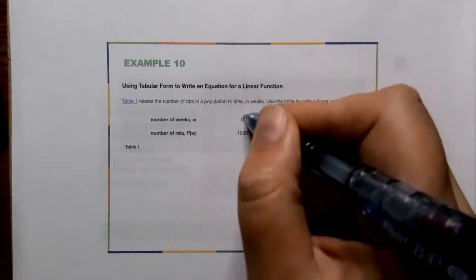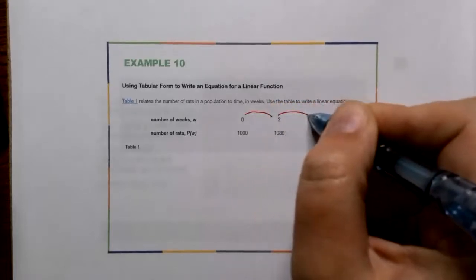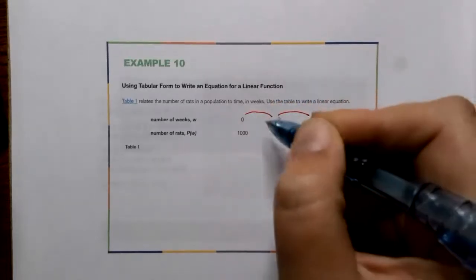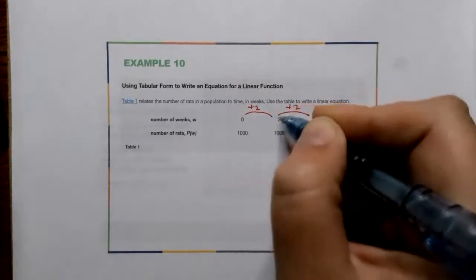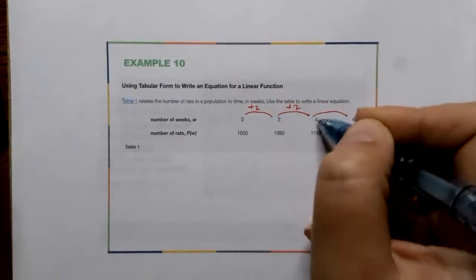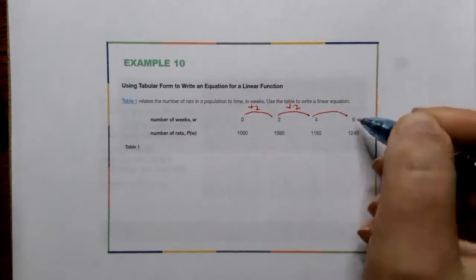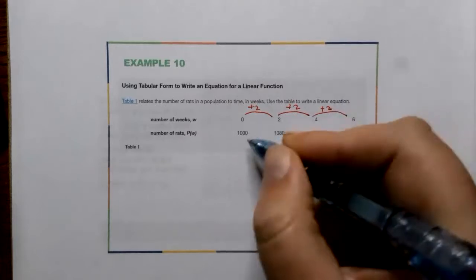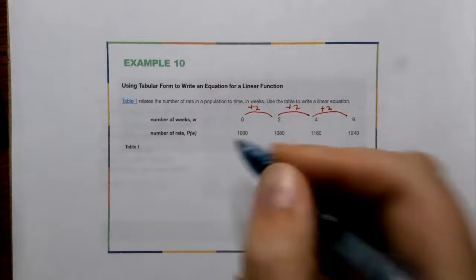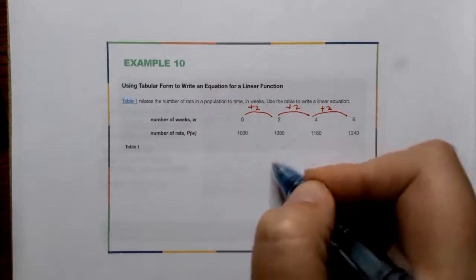And so that means we're going to have equal increments in x values, right? So this is plus 2, plus 2. So from 0 to 2 is 2. From 2 to 4 is 2. From 4 to 6 is also 2. And we want to see a nice pattern with your y values as well.